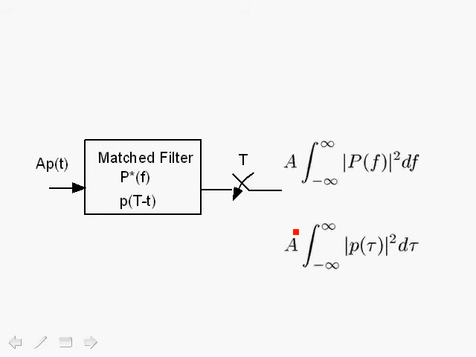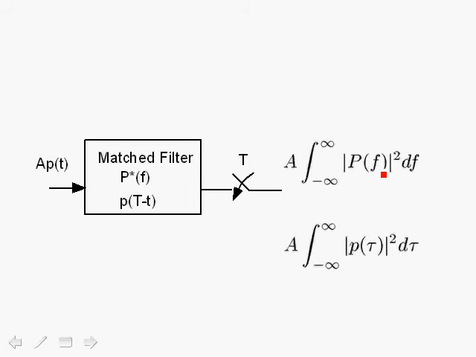So the actual value at time capital T, the sampling time, the maximum eye opening, or the point of maximum signal to noise ratio, the value would be equal to A times the integral of the pulse p of tau squared d tau. Now this turns out to be, by definition, the energy of the pulse, in our case the square root Nyquist raised cosine pulse. Now the Fourier transform of p of t is P of f.